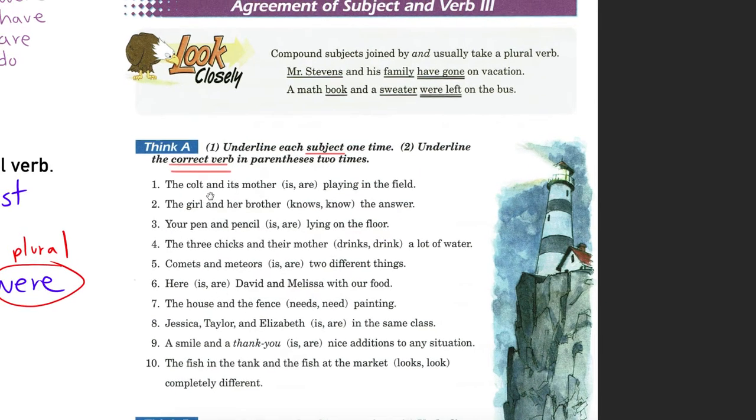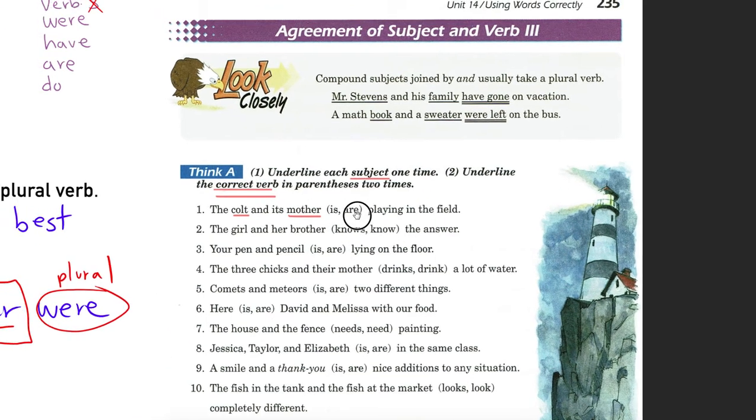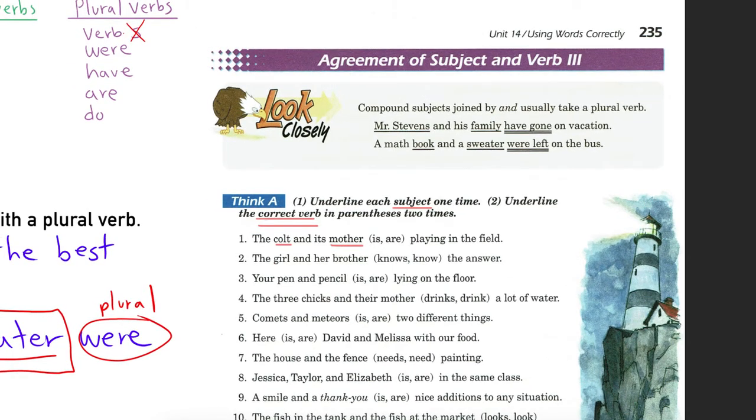Number 1: The colt and its mother is or are playing in the field. First, underline each subject one time. My subjects here are colt and mother. Since they're connected by and, is it singular or plural? It is plural, so I have to use a plural verb. Which one is the plural verb here, is or are? If we look at the table I made here, I'll move it over.